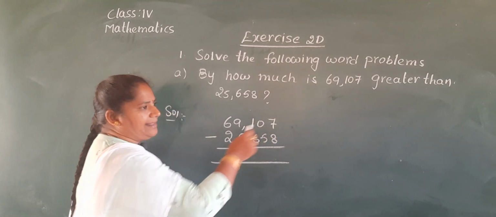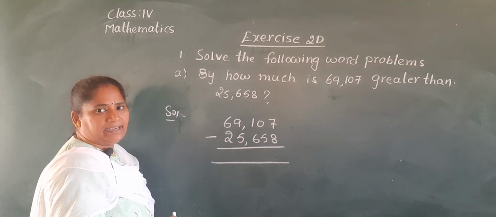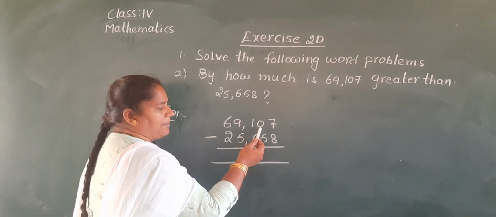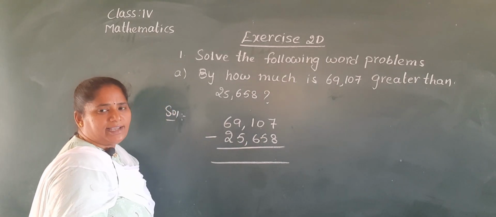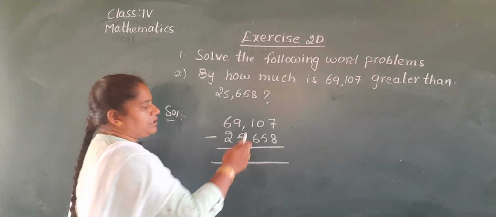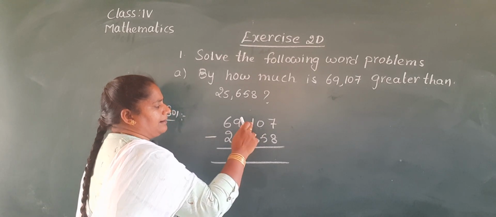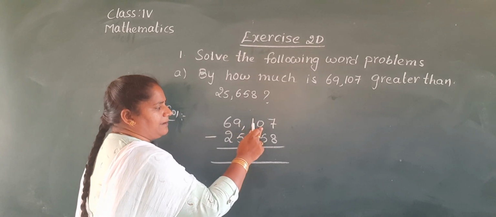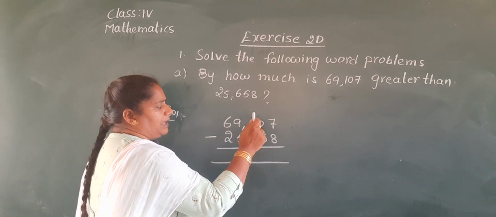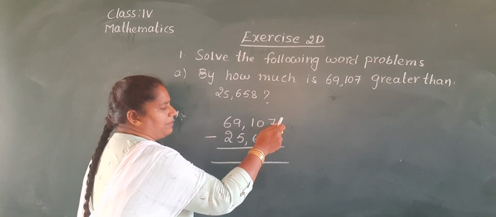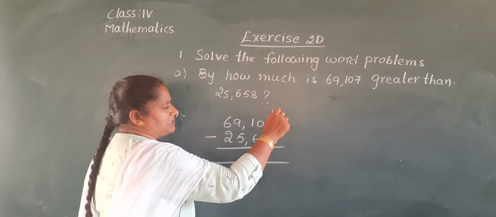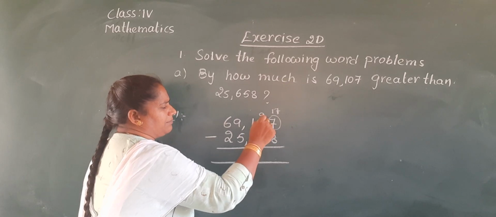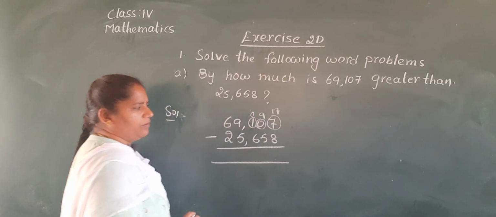8 is greater than 7, so we can't subtract directly. So you take a borrow from the tens place. Here 0 is there in the tens, so you go to the hundreds place and take a borrow. This number becomes 10, this is 0. Again from this number you take a borrow. So 7 becomes 17, this 10 becomes 9, 0.